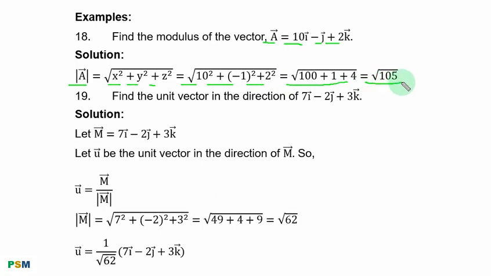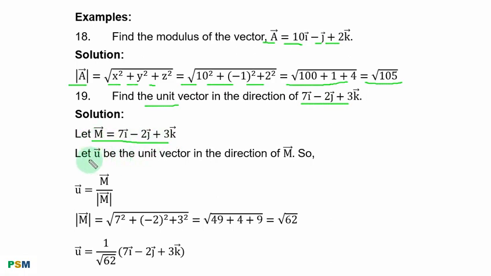equal to square root of 105. Example 19. Find the unit vector in the direction of this vector. Solution. Let vector M represent the given vector.